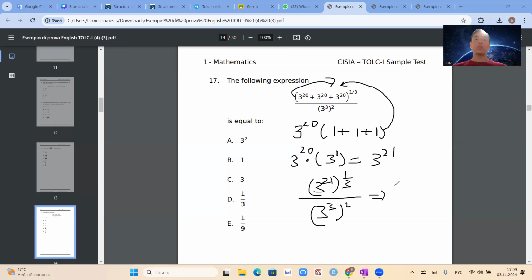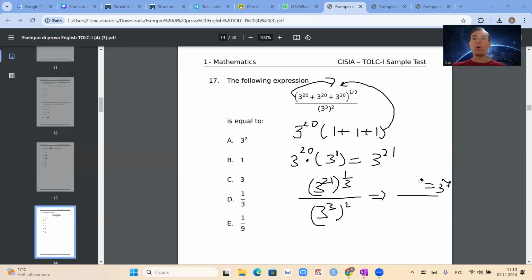When there is a power raised to another power, we just multiply the powers. In the numerator, 3 to the power of 21 multiplied by the power of 1/3 will be equal to 3 to the power of 21 over 3, which is just 7.